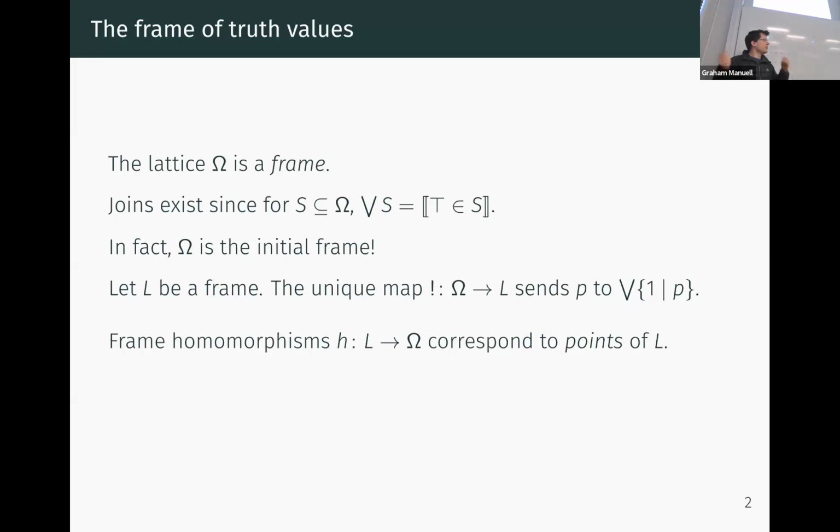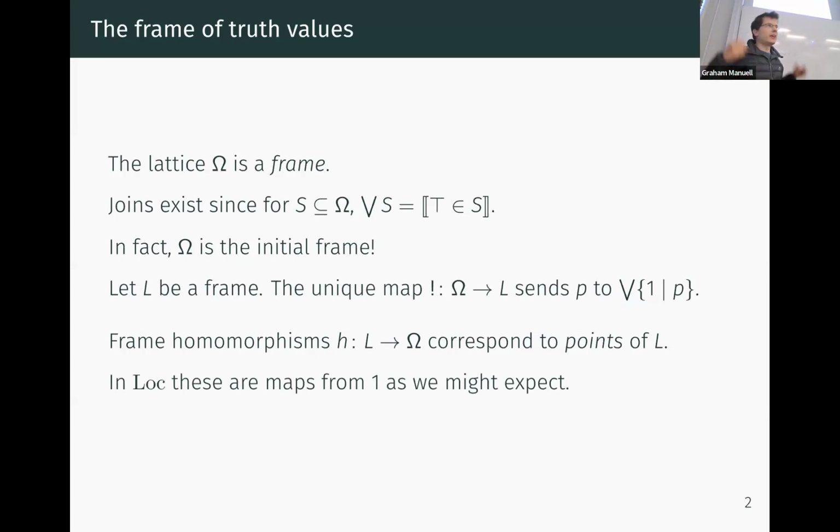We know there's a unique map from omega into any frame. But now if we want to look at maps out from L into omega, frame homomorphisms, these are going to be certain subsets. And it turns out when you check which subsets they are, by just doing the bijection, they correspond precisely to these completely prime filters that I mentioned before. So these are what we call the points of the frame. So maps from L into omega correspond to points.